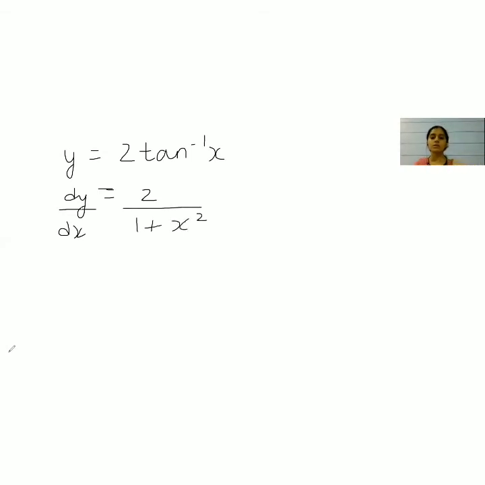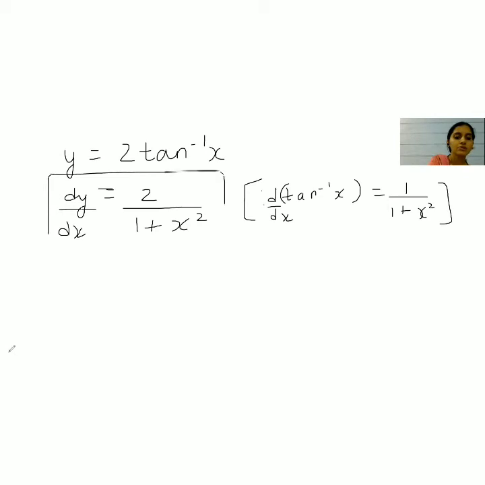That is tan inverse x derivative. Okay, here we can write, d by dx of tan inverse x is equal to 1 upon 1 plus x square. So I've used that formula and I have got the answer. Clear? This was question 9, second one. Okay, let's go to the third one.